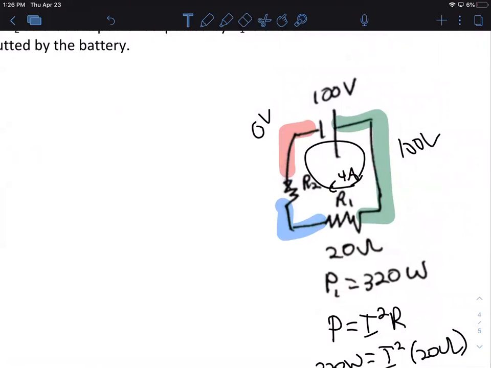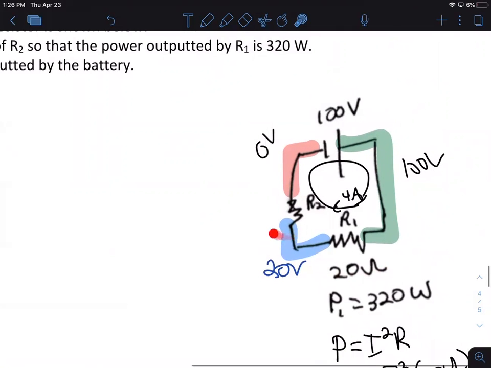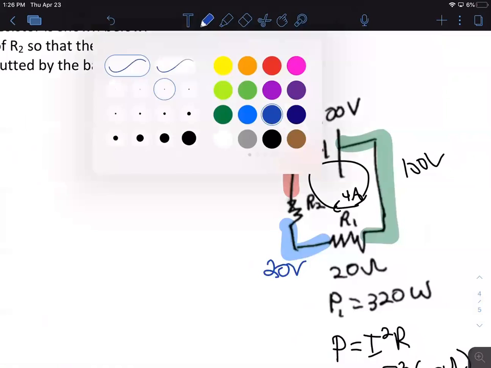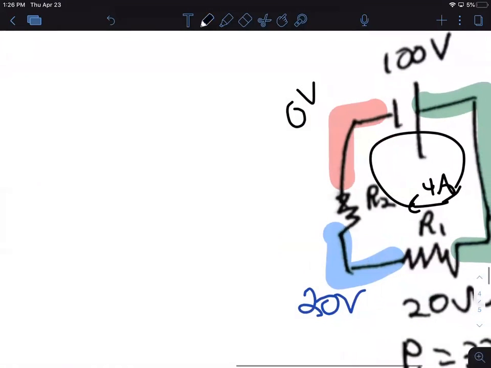So now I can say the blue is 20, not 80. 80 is the change. 100 minus 80, 20 volts. Great. So this resistor then has a change of 20. It's taking it from 20 down to 0. Can we get there?